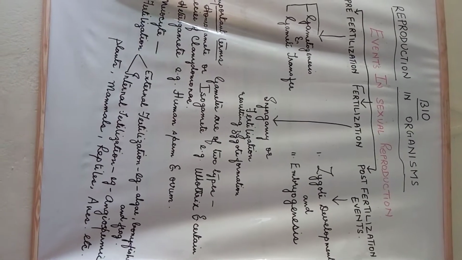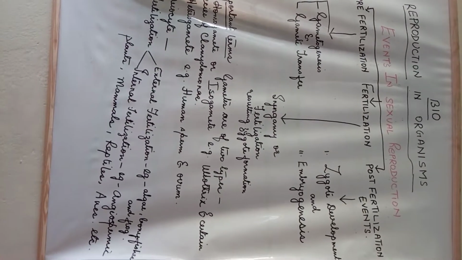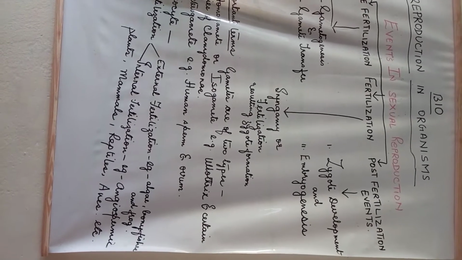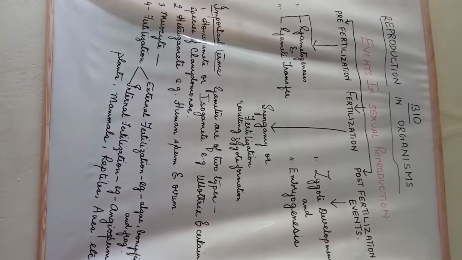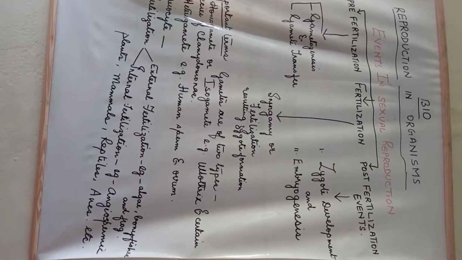Fertilization is of two types: external fertilization, known as exogamy, and internal fertilization, known as endogamy. External fertilization refers to the fusion of gametes outside the body of the organism in an external medium of water.